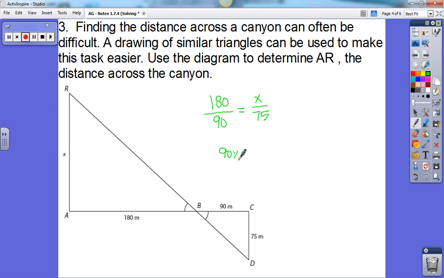Cross multiplying, I have 90x equals 180 times 75, so 13,500. And then I'm going to divide both sides by 90. So I end up with 150 meters to be the length here.